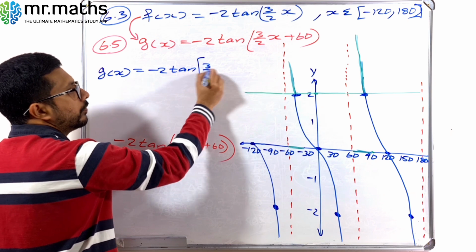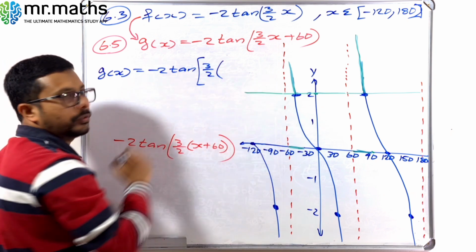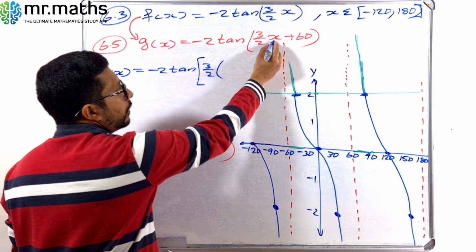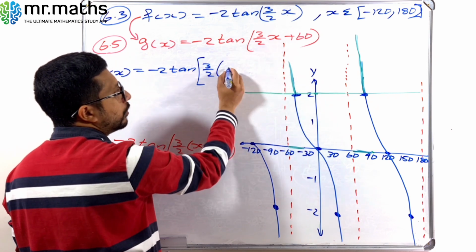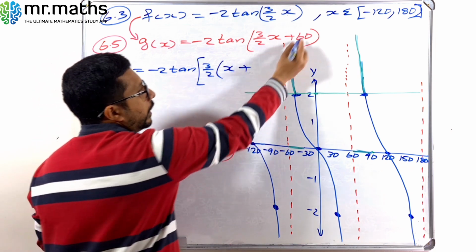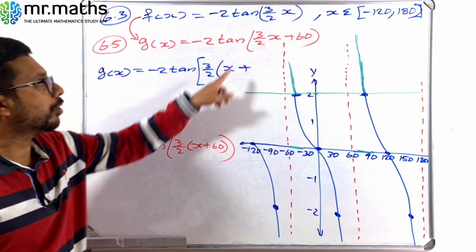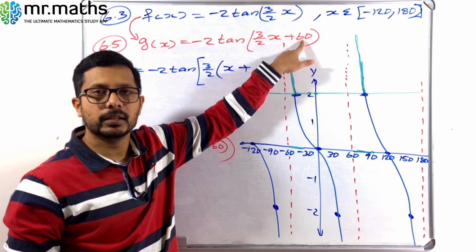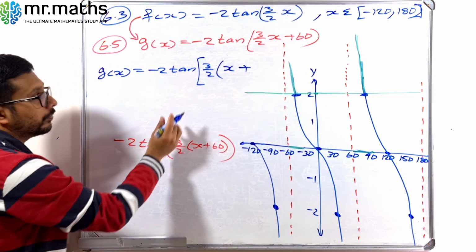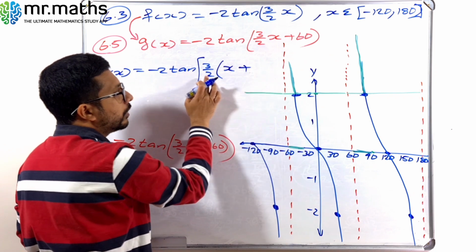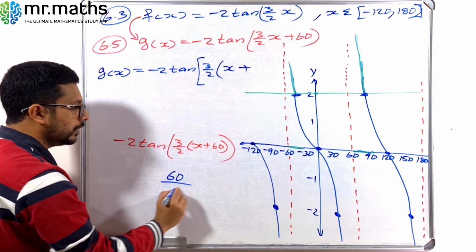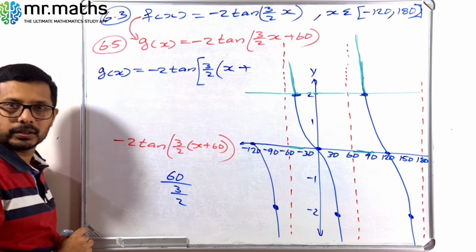How can you find it? 60 divided by 3 over 2.